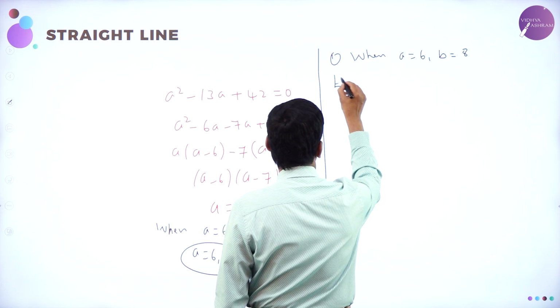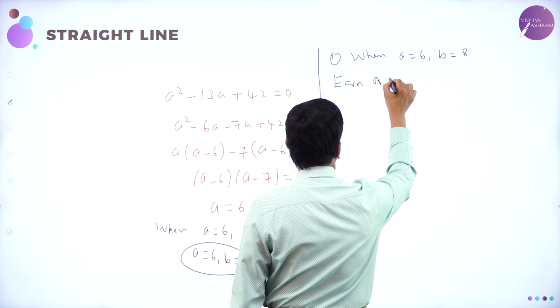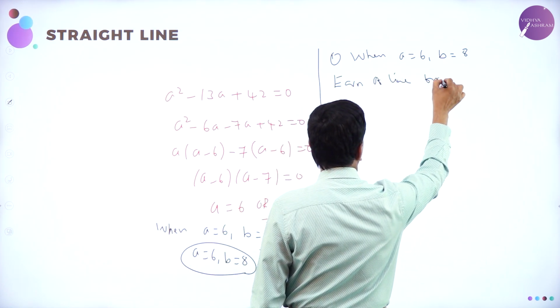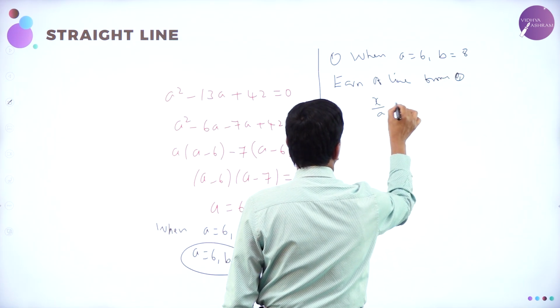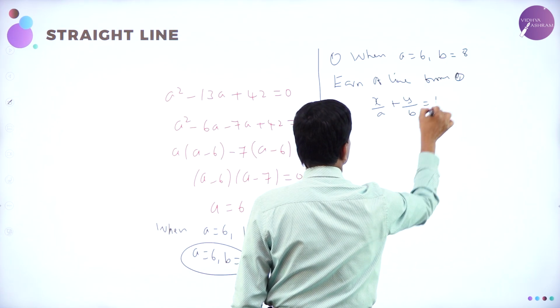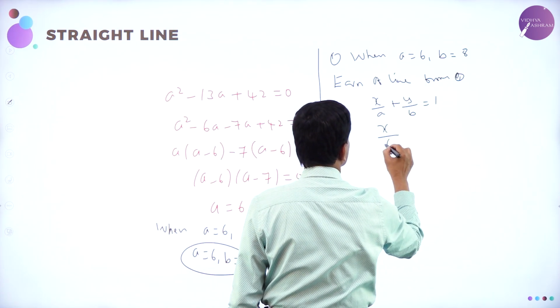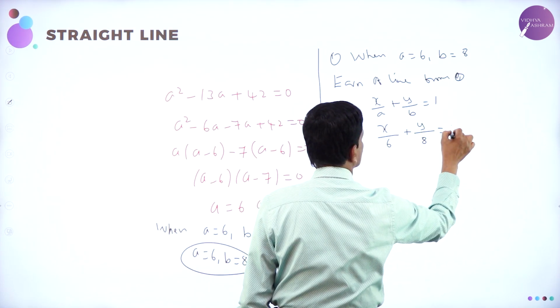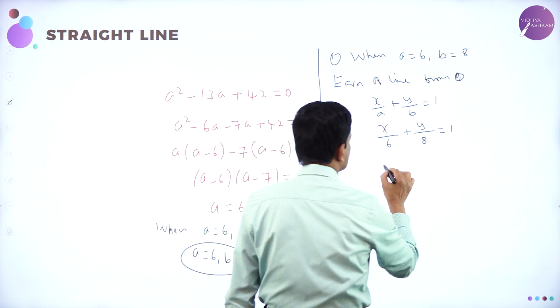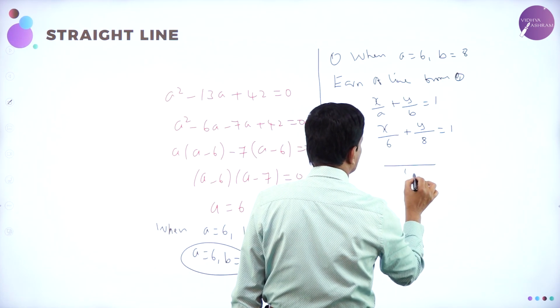Equation of the line is, from equation number 1, x by A plus y by B is equal to 1. So x by 6 plus y by 8 is equal to 1. Just take LCM, cross multiply it. 8 sixes are 48.